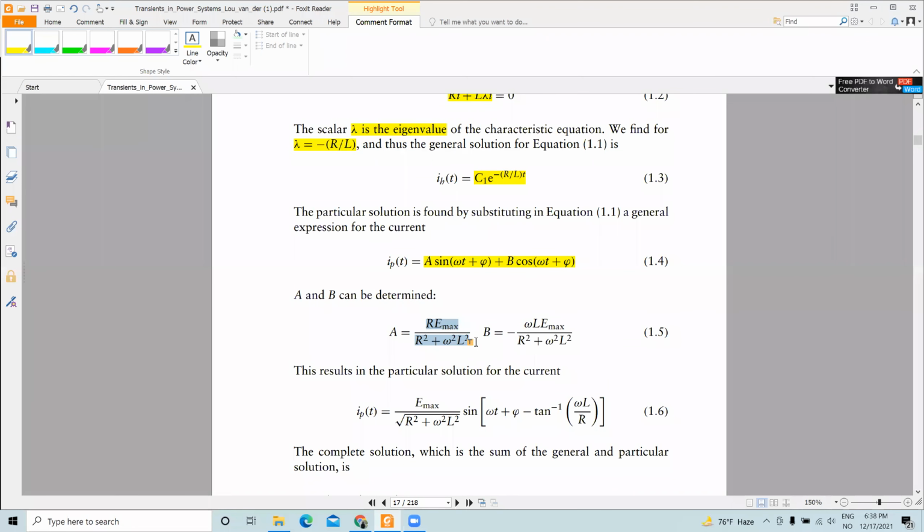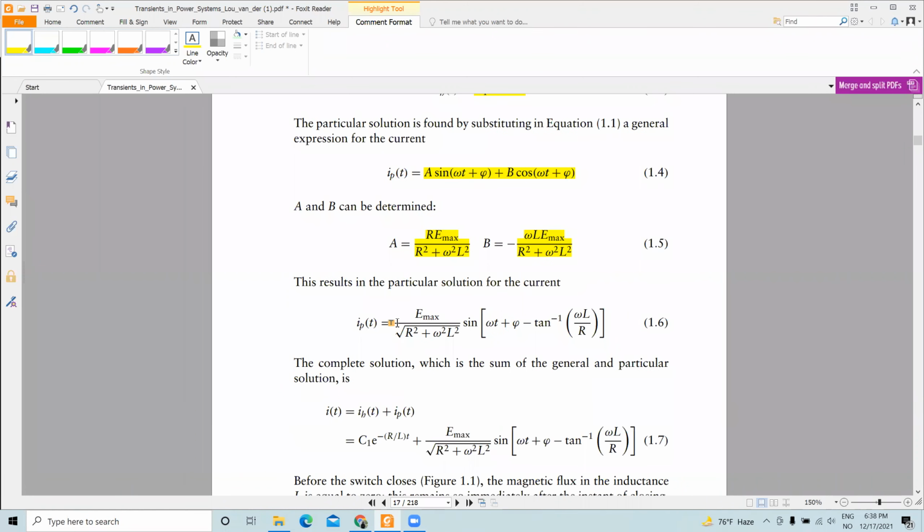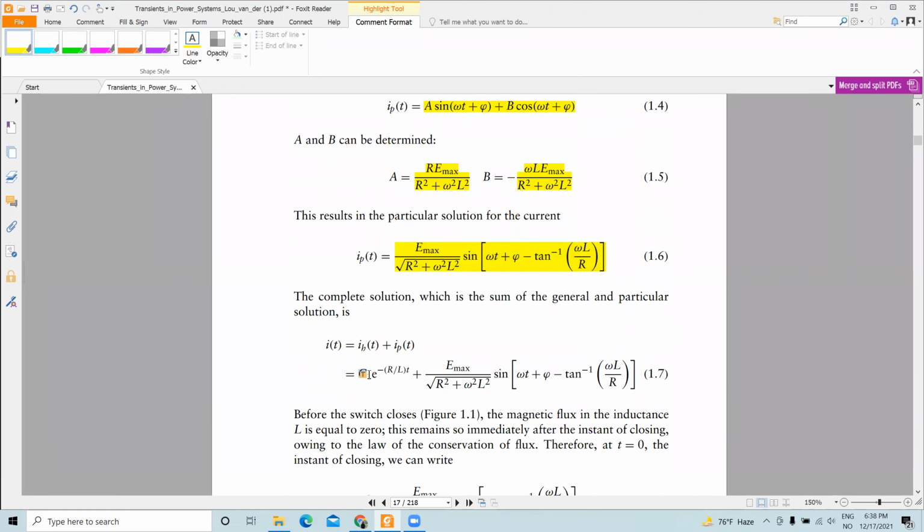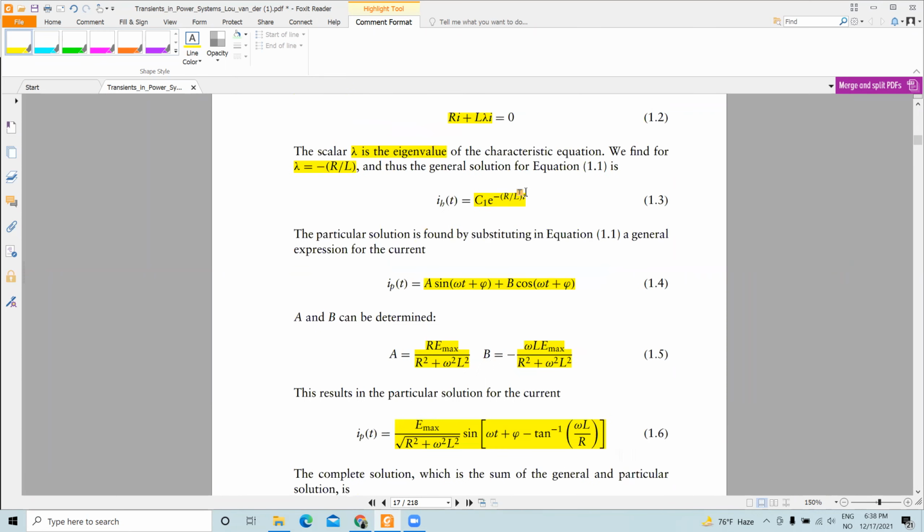So you find the a value and b value, and replace this a and b here in equation 1.4 to get the particular solution, and you have the transient solution here, c1 e to the power minus r by l t. So basically, this is the particular solution, and this one is the transient solution here, which decays.